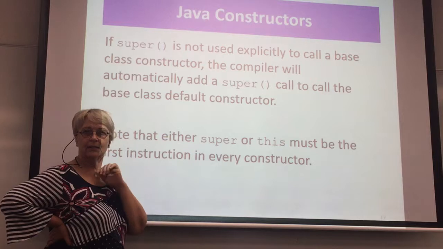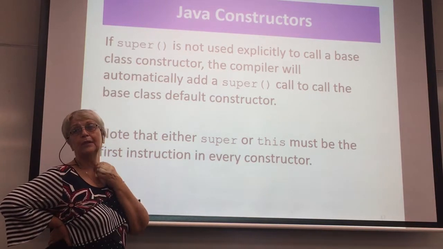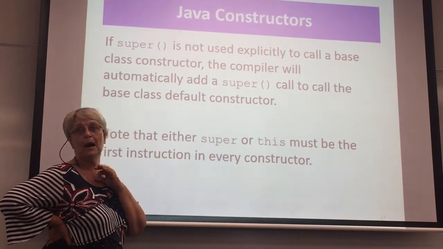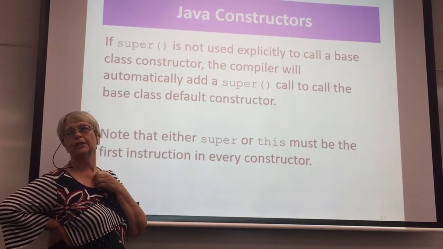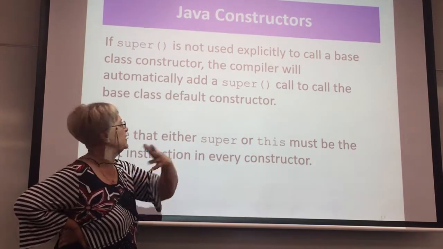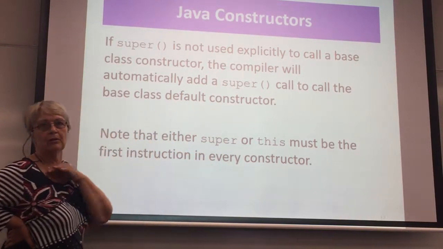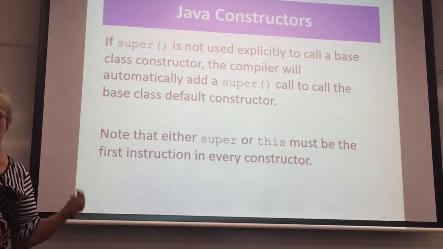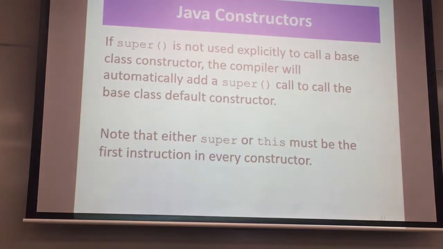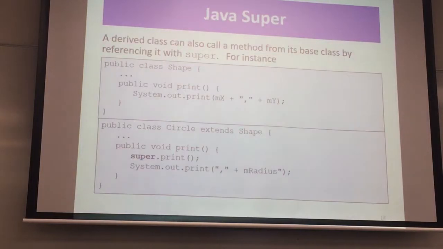It does not always work as you expect, because it might have data not initialized at the time of calling. It does a very superficial job. So it's good to invoke the base class constructor with super yourself. This and super have to be the first one.